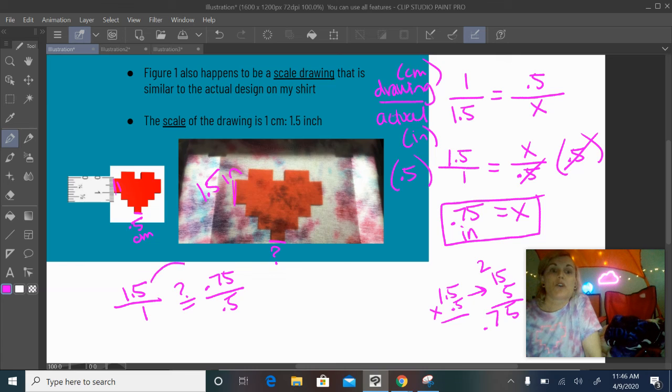If these are corresponding sides, 1.5 divided by 2 gives me 0.75, and 1 divided by 2 gives me 0.5. So that checks out. I'm not saying this is half as big because these are centimeters and these are inches, but it makes sense in terms of my arithmetic, and it also makes sense that if this is 1.5, this should be half of that because this length is half of that.